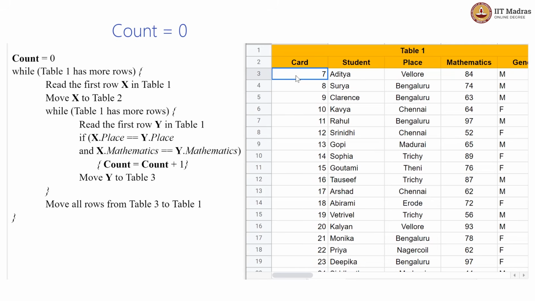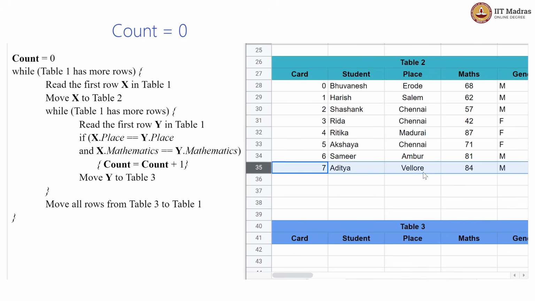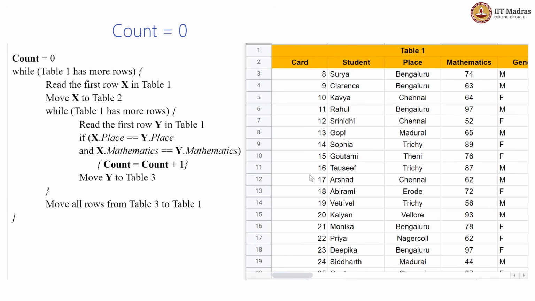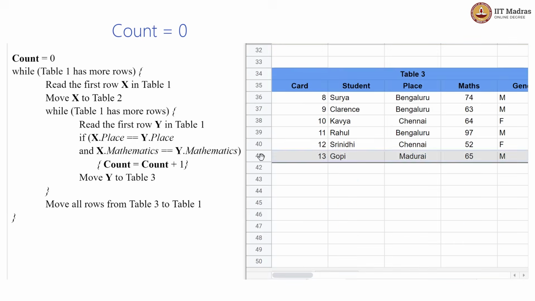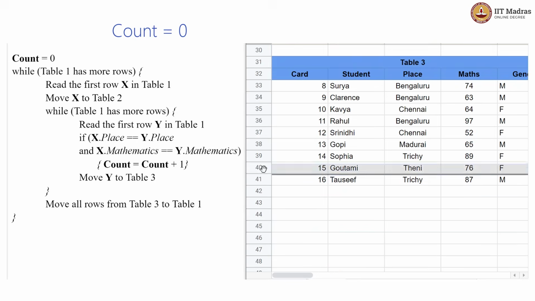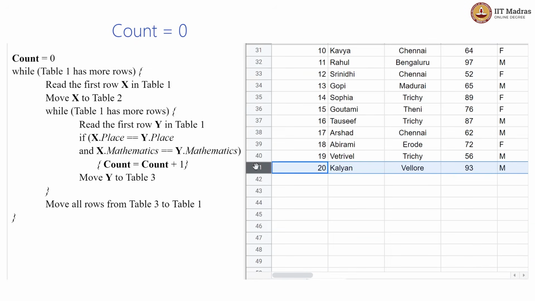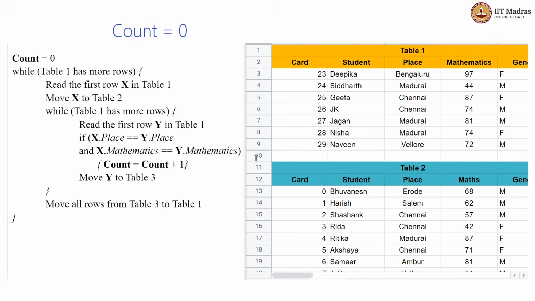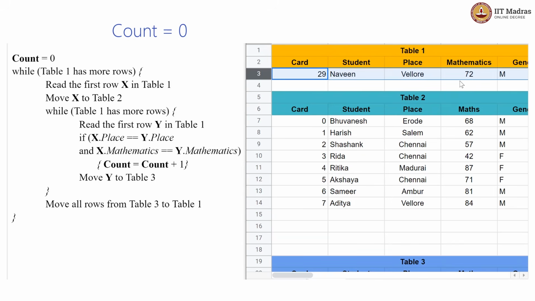Now our row X is this, which we carry down to table 2. It's Vellore 84. Here this is a Vellore, but the score is not 84. One more Vellore, but the score is not 84.